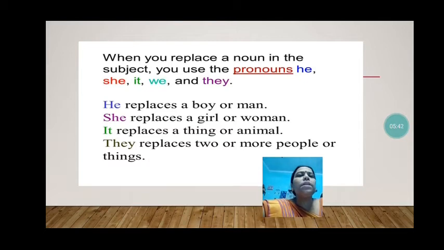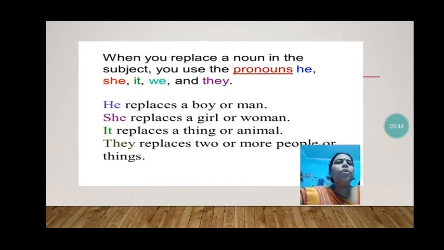Now, when you replace a noun in the subject, you use the pronouns he, she, it, we, and they. See, he replaces a boy or man, she replaces a girl or woman.